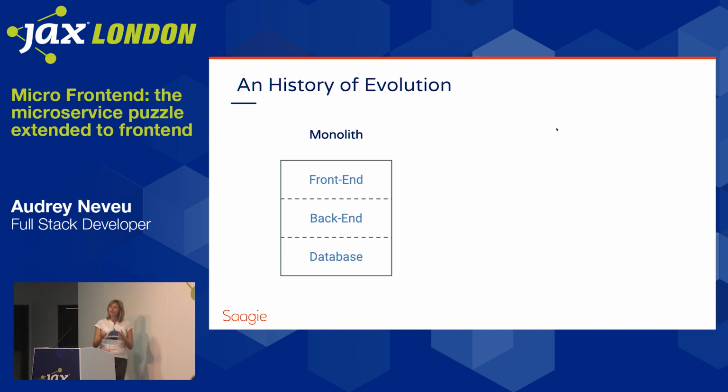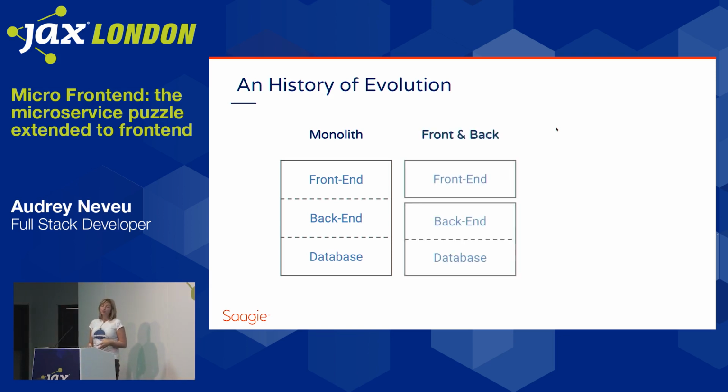And then, front-end development became a thing, and all of this fancy JavaScript framework that we all love so much appear. And that's usually the moment when we began to split our monolith application into a front-end application and a back-end application.